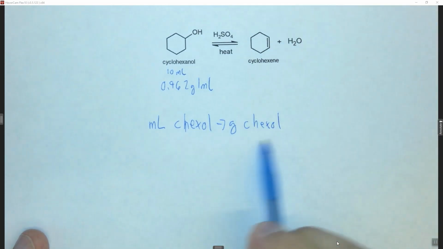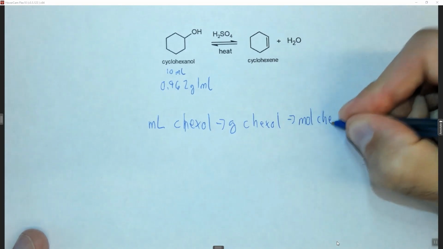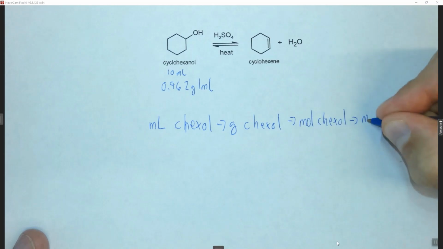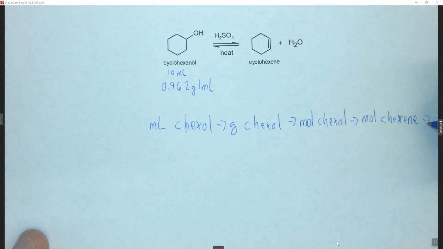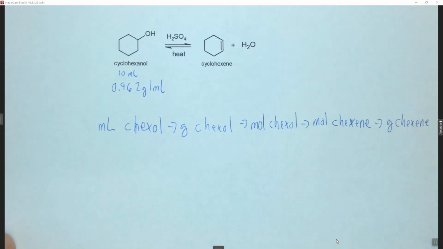Once we have grams of C-hexol, we can convert to moles of C-hexol using the molar mass. Then we can go to moles of C-hexene, and then finally to grams of C-hexene. So it is a very long conversion process here, but we have all the stuff that we need to be able to do this.